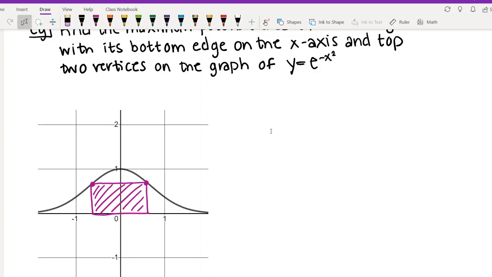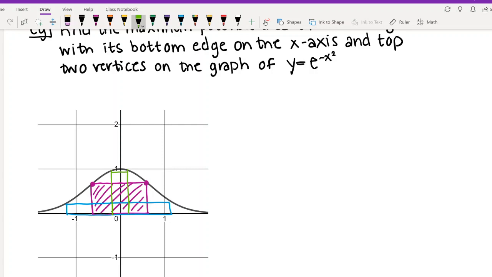So what would some other possible rectangles look like? I just drew one example, but this would be another rectangle, right? That would be another rectangle that has its vertices on the graph and the bottom edge on the bottom, or you could have a rectangle that looks like this. So personally, looking at these options, I would predict that the purple one is the biggest, right?